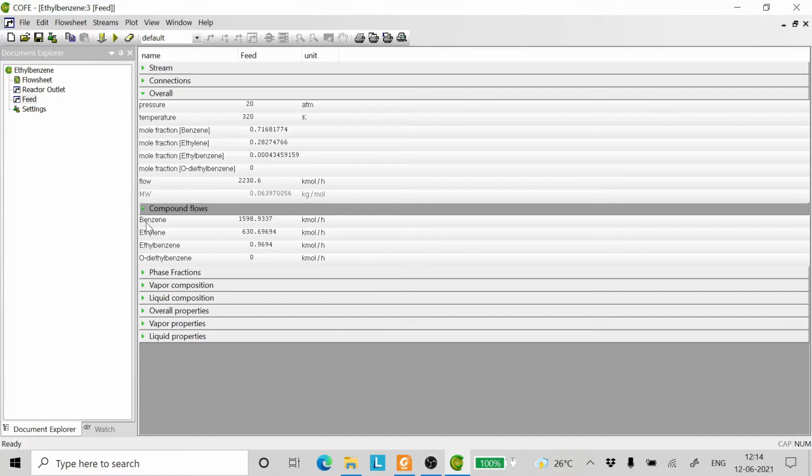The total benzene entering the reactor is 1598.9337. The total ethylene entering is 630.69694. Ortho-diethyl benzene entering is 0, and the ethyl benzene entering is 0.9694.